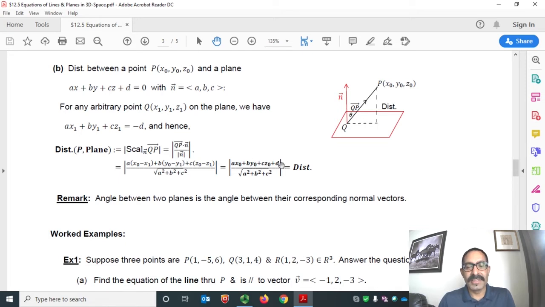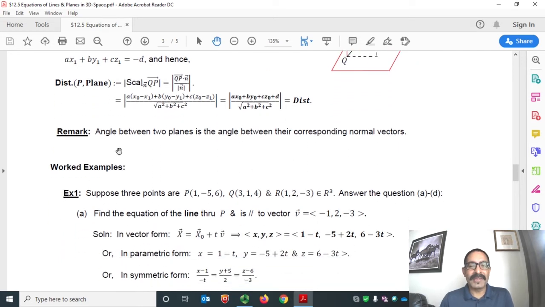And keep in mind, this d is on the left side of the plane equation. If we have this d on the right side, then we have to bring it to the left side, and then we have a minus sign there, and a minus sign here. I hope this makes sense to you all. So now let's move on.